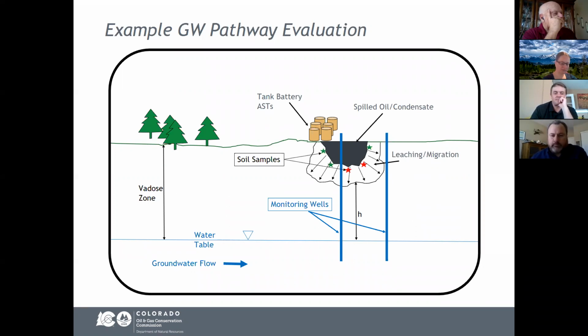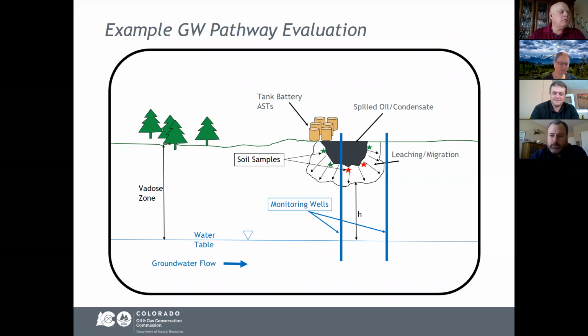In this case, they've collected samples illustrated by the green stars and the red stars. The green stars are compliant with the groundwater screening level concentrations, so they're in good shape. However, they still have a couple confirmation samples that exceeded the groundwater screening level standards. So in that case, there's still an unknown as far as the vertical extent of the contamination.